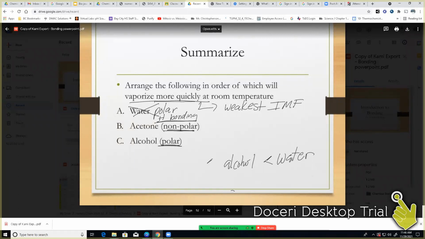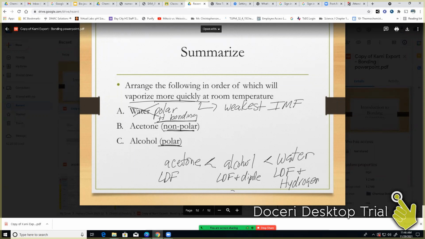And that means that my acetone is nonpolar. That means all it can have is LDF because it is nonpolar. Alcohol would have LDF and dipole. Water would have LDF and hydrogen bonding. So once again, given something like that, you should be able to apply it.